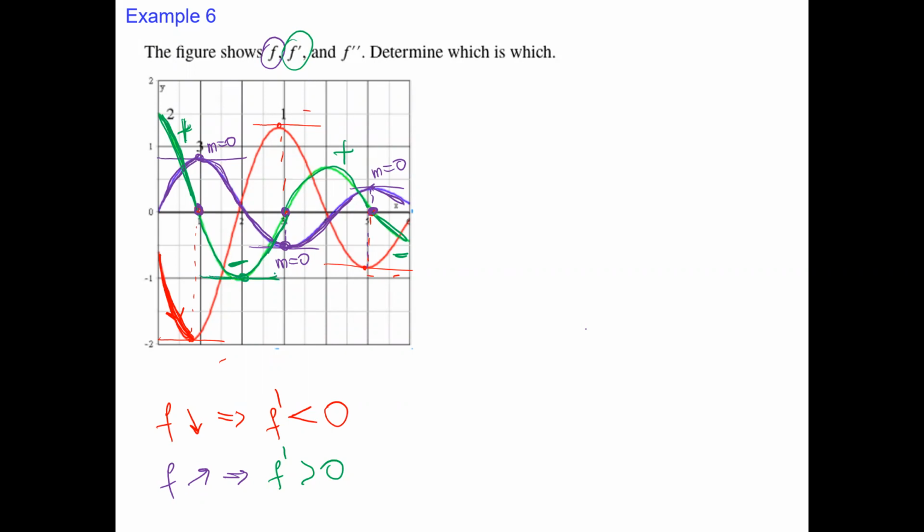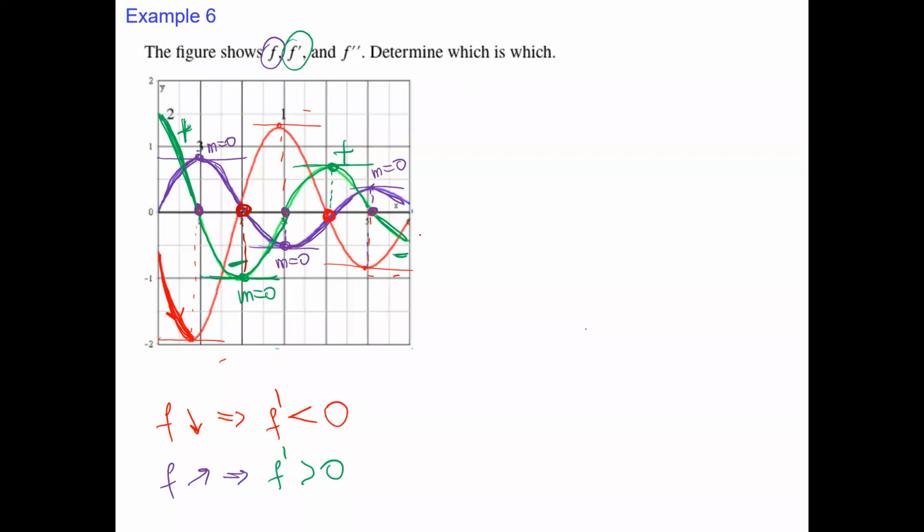Horizontal tangent here, then the value of its derivative is supposed to be 0. And the red function has the 0 here, okay? Another green function horizontal here, the value of the derivative is supposed to be 0. And yes, the red curve is intersecting the x-axis, has the 0.